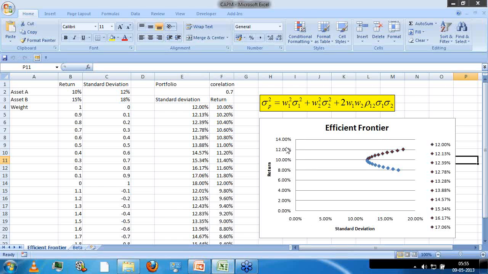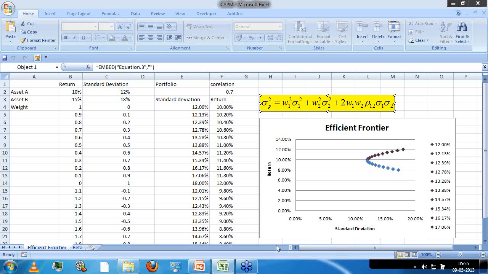So as far as diversification is concerned, you should have gone for stocks with negative correlation.